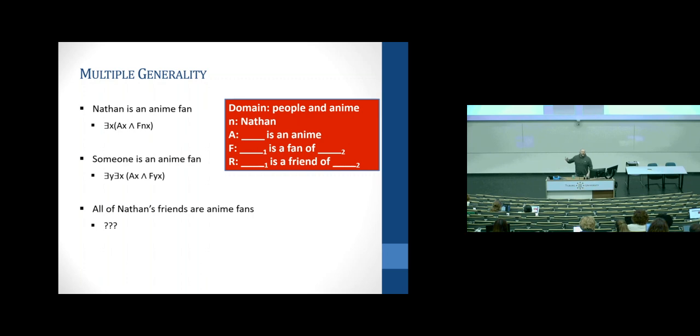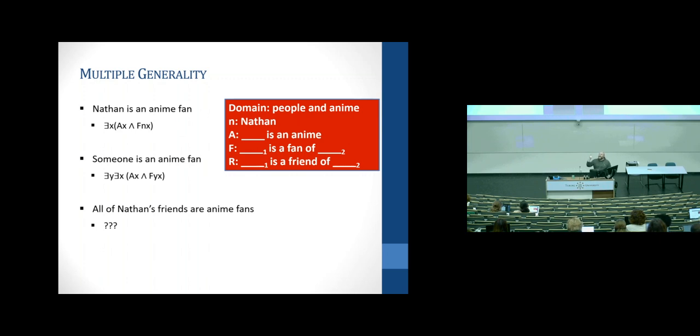Yeah, right? We've got the same structure that we've been talking about. And we know that when we talk about being an anime fan, that requires an existential to pull out the anime that our thing is a fan of. We're going to need at least three quantifiers, or three terms, better. One of them is going to be for all of my friends.